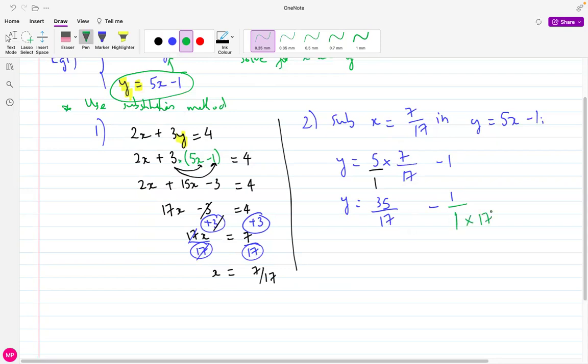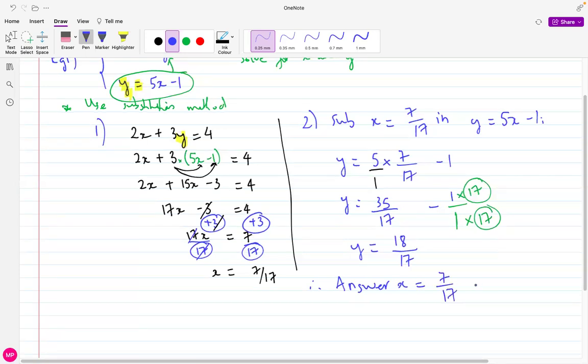I'm going to times this by 17, and this by 17. So I will end up having y equals 35 minus 1 times 17, which is 17. 35 minus 17 gives me 18, and the denominator is 17. There you go. So the answer for this question is when x equals 7 over 17, y will be 18 over 17.